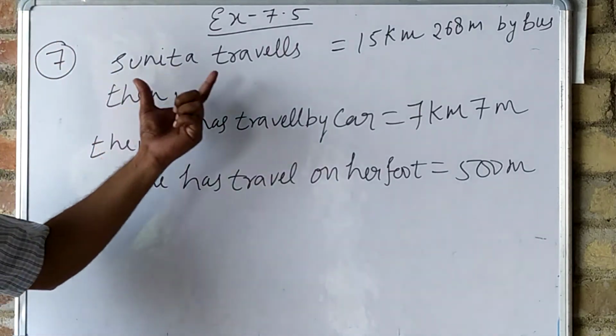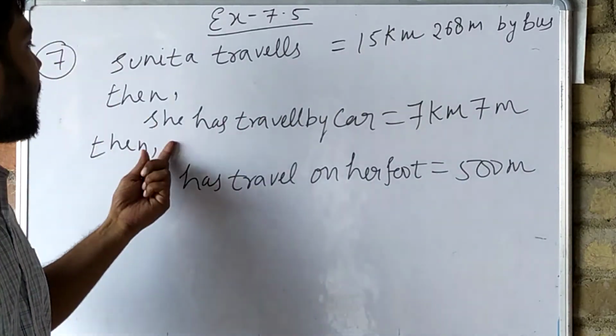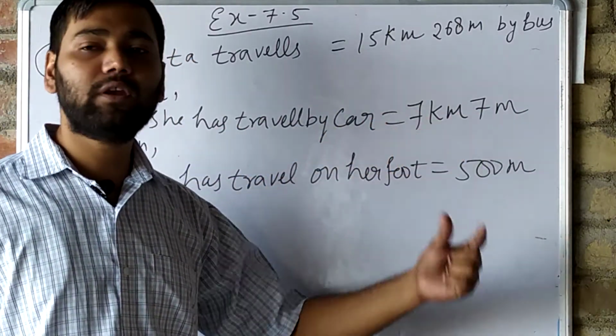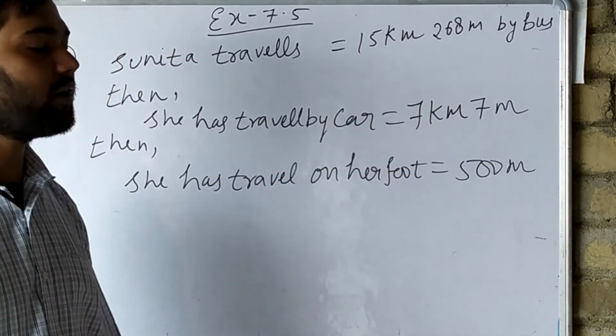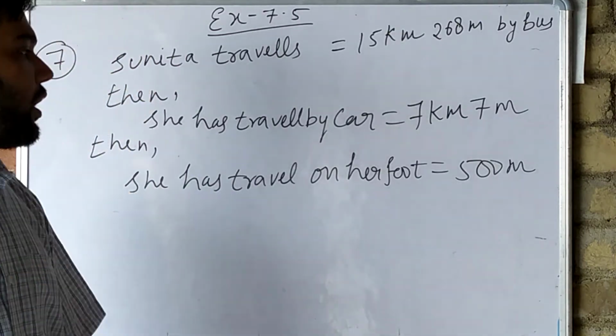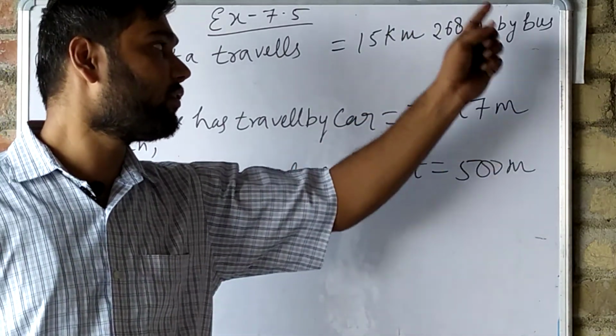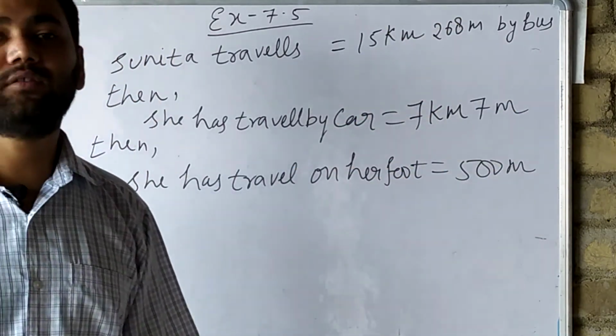So what? Sunita is traveling 15 kilometer 268 meter by bus. After that she has traveled 7 kilometer and 7 meter by car, and then she has traveled on her foot, and what 500 meters she has covered, and after covering this much of distance, total distance, she has reached her school.